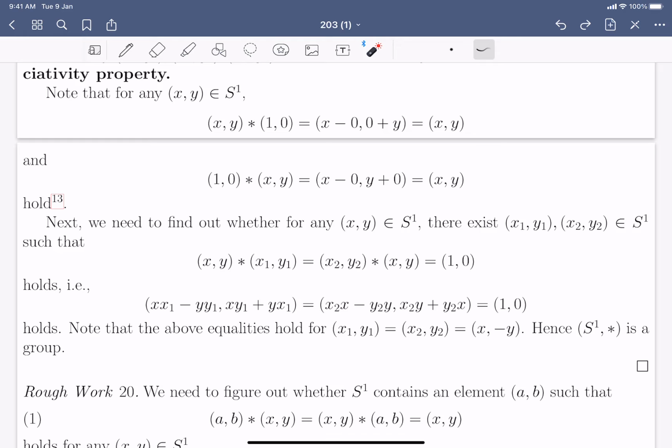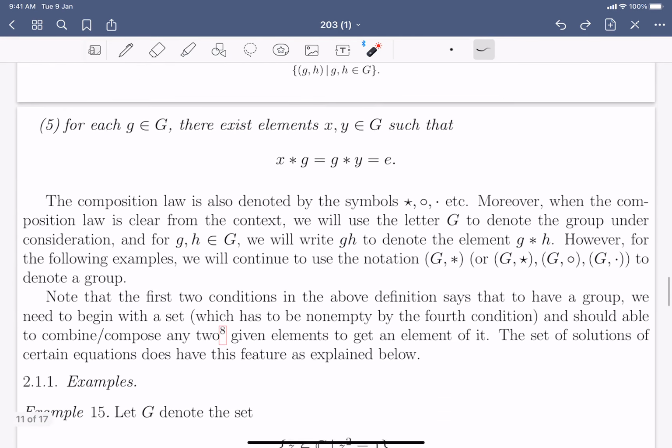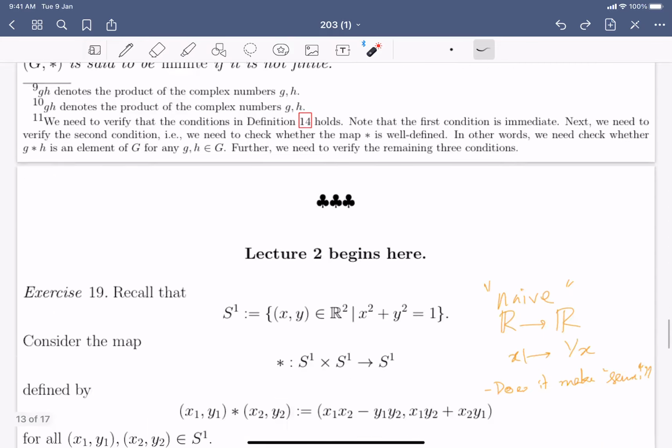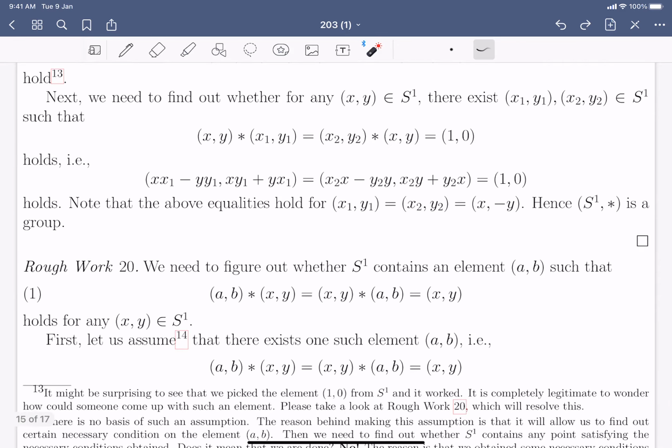So we need to show that for every g there is some x and some y such that x star g and g star y are equal to the identity. So we need to come up with these 2 points such that the given point composed with this one gives you the identity back, and this point combined with the given point gives you the identity back.